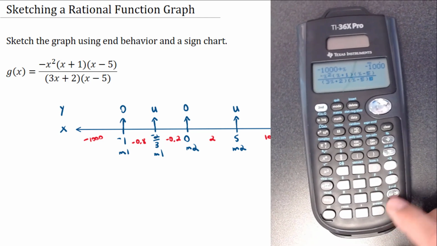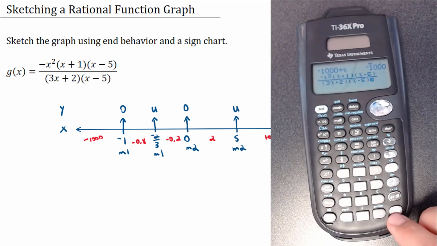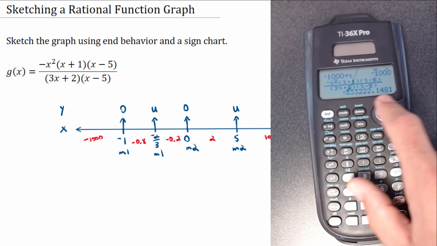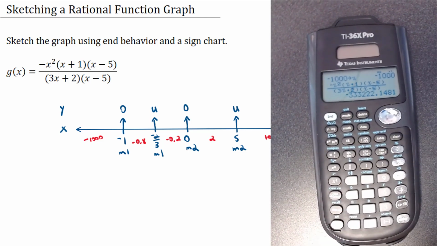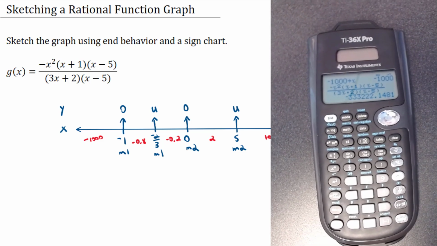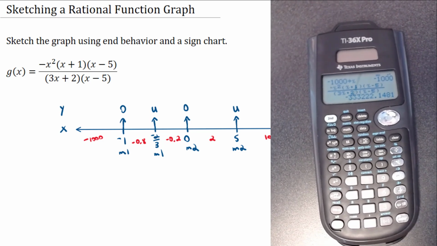And so when I hit enter, it's going to calculate the value of that function for the x value that I've got stored, which is negative 1,000. And we can see we get a really big negative number, negative 333,000. So that seems to say that this function is going to go to negative infinity on the left end.